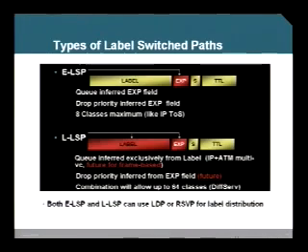But let's change the roles now. Use the label for identifying the class, and use EXP for deciding the drop priority. Make sense? And we can scale well with this. Now, is it a very popular model today? Answer is no. Work is going on, but this is not very popular. Still, we are managing so far with this.